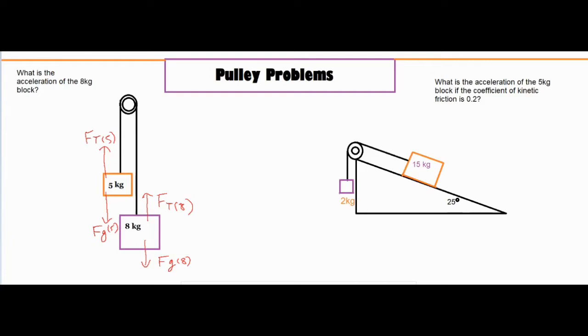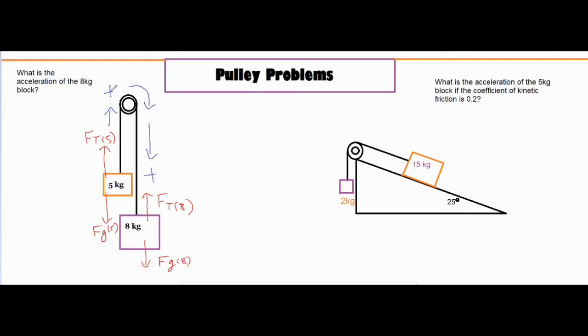So you want to do two more things when working with a pulley problem. Number one, you want to identify which direction is positive and negative. So all along the string or the rope on an Atwood machine, you have to identify which way is positive and which is negative. So I'm going to say that because this is 8 kilograms and the rope is going to be pulled up and over this way and then downwards, that everywhere along this direction, I'm going to consider that positive.